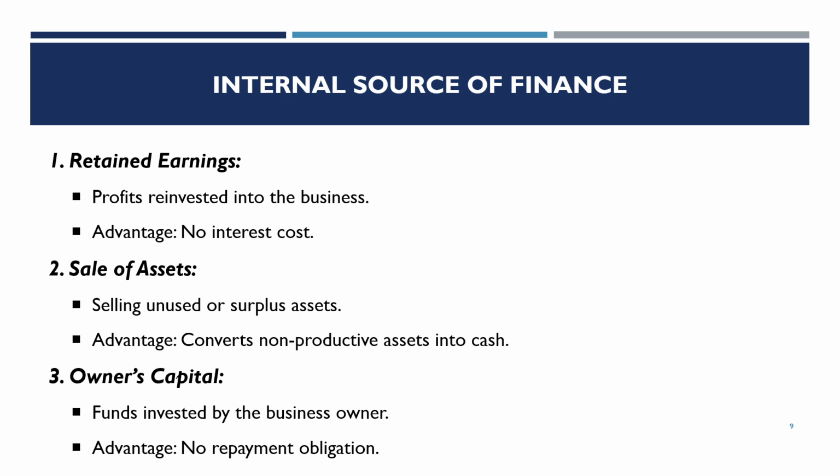There is no interest cost. These are the earnings or accumulated profits of the company that are reinvested rather than distributed as dividends. They are cost effective since they don't involve any borrowing.